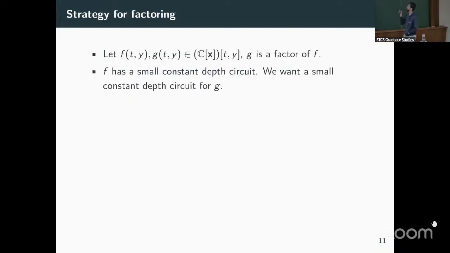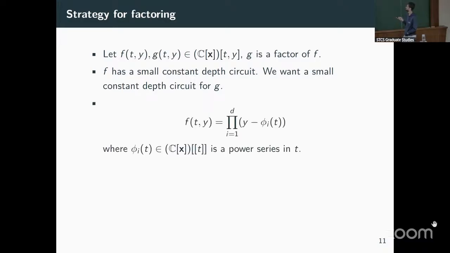Okay. So let's go back to our setting. So we have f t comma y, g t comma y, G, let's say, a factor of f. Now I'm promised that f is a small constant depth circuit. I want a small constant depth circuit for g. As you saw earlier, if I assume nice things, then f t comma y factorizes fully as a product of y minus phi I of t, where phi I of t are power series in t.